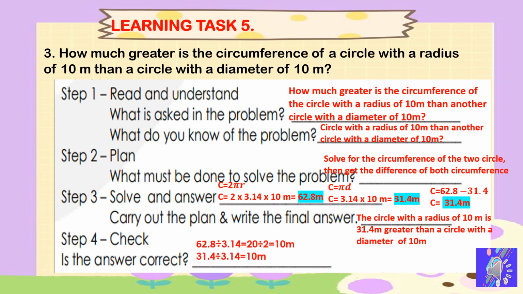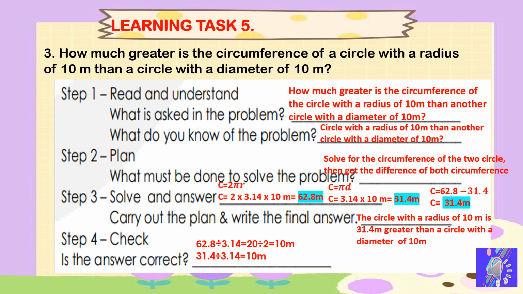So if we are going to check your answer, then we will go backward. But we have to solve first for the first circle. The circumference is 62.8. So we divide it by 3.14, which is the value of pi. The answer will be 20.